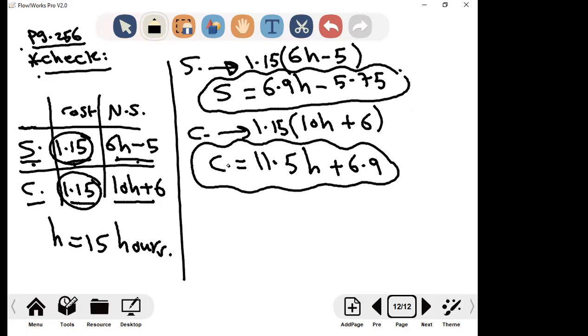The question wants us to know how much more chocolate chip than sugar. So the chocolate minus the sugar.